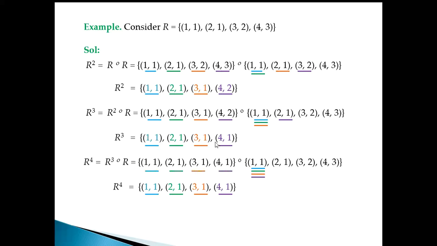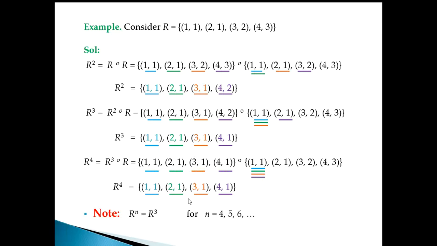If one time you get the same ordered pair elements in a power, that means the next powers of the R will give the same values. So R to the power 3 is equal to R to the power 4, meaning for n equal to 4, 5, 6, you will get the same value, that is R to the power 3.